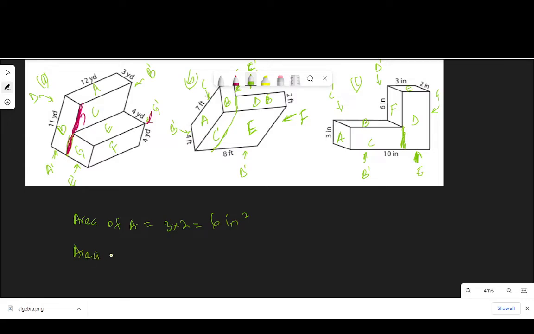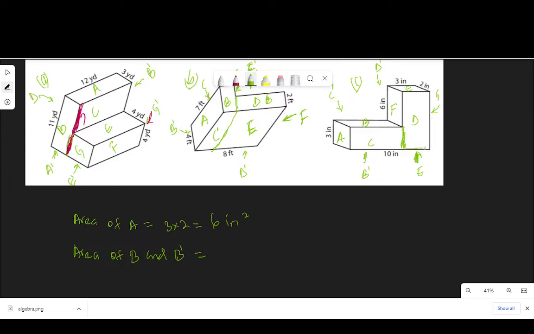Area of B and B prime. This is B here and B prime. The length of B is from here to here, which we don't know yet. If from here to here is 10 inches, and based on what we have up here, this is 3 inches.